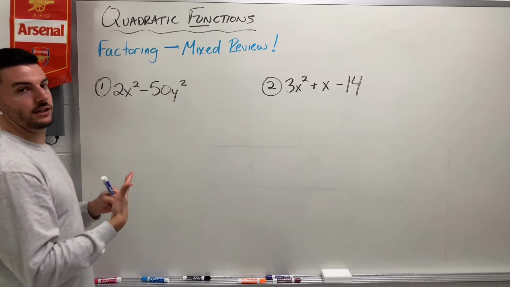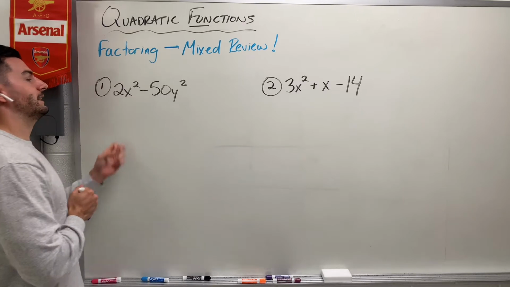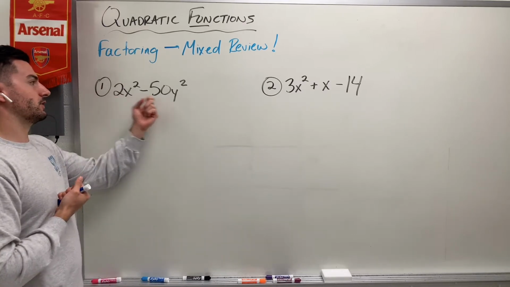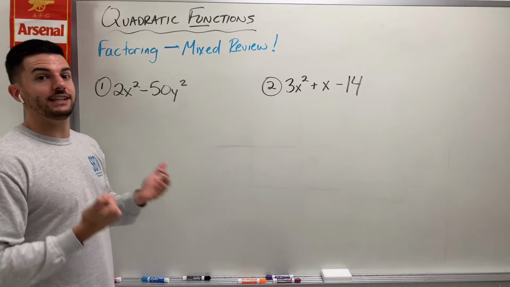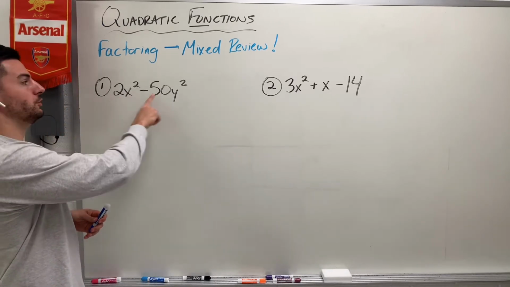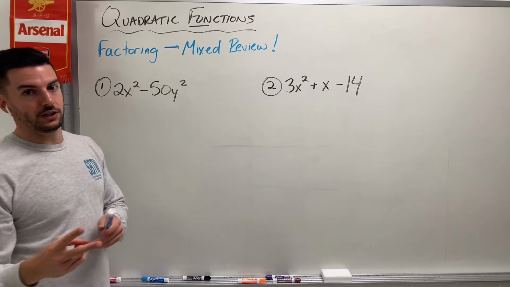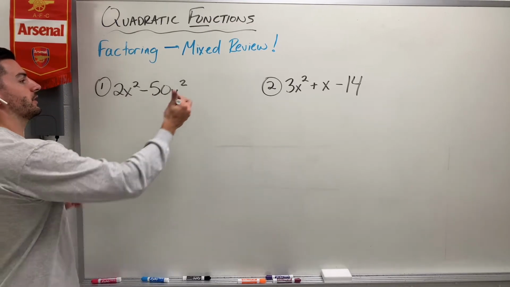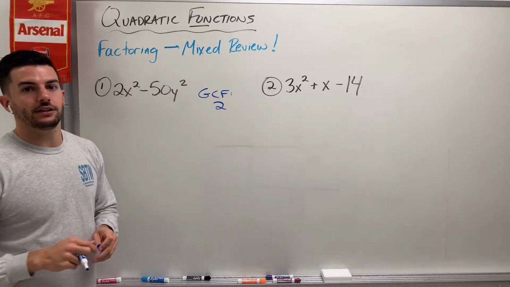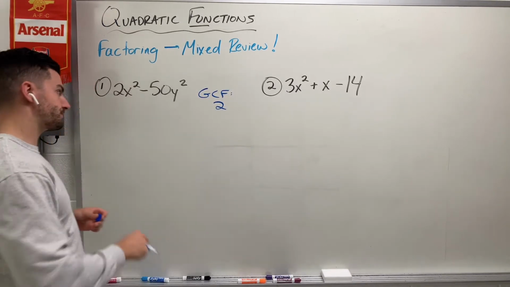In this one, a giveaway that there's a GCF amongst the coefficients is when all the numbers are even, right? So this one just has two terms, and the coefficients are 2 and 50. Two even numbers, and so obviously we can say that there's a GCF of 2. They share a common factor of 2.